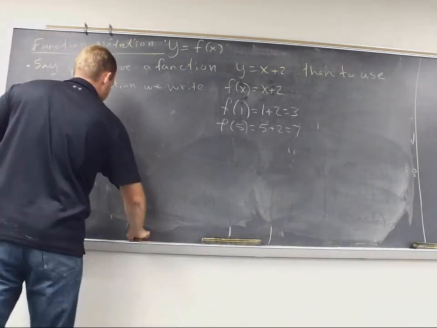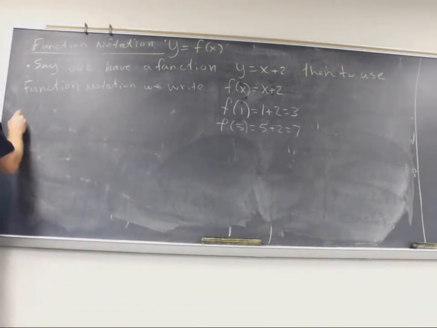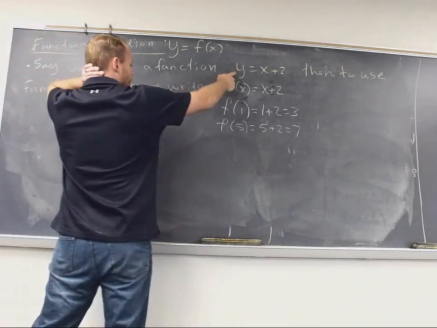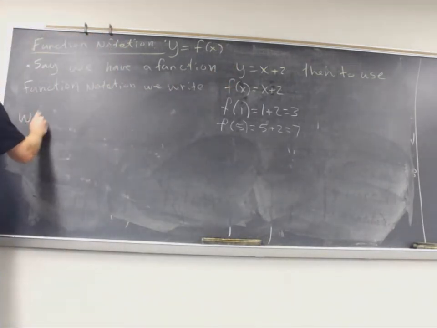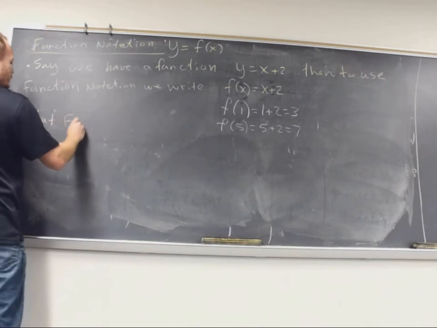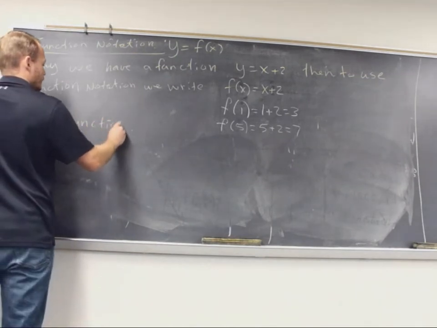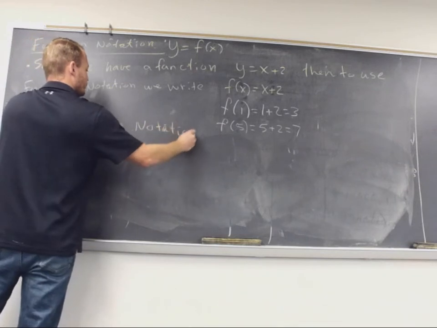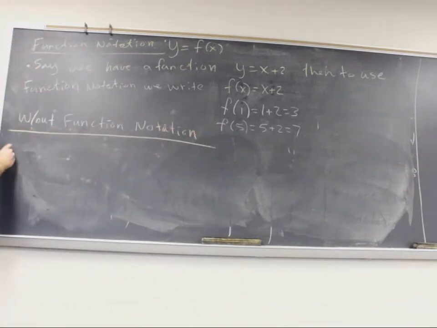Let me show you exactly why. Say I wasn't using function notation, I was just using this. So we'll do this without function notation. All right. We'd have to write this to really explain what we're doing.